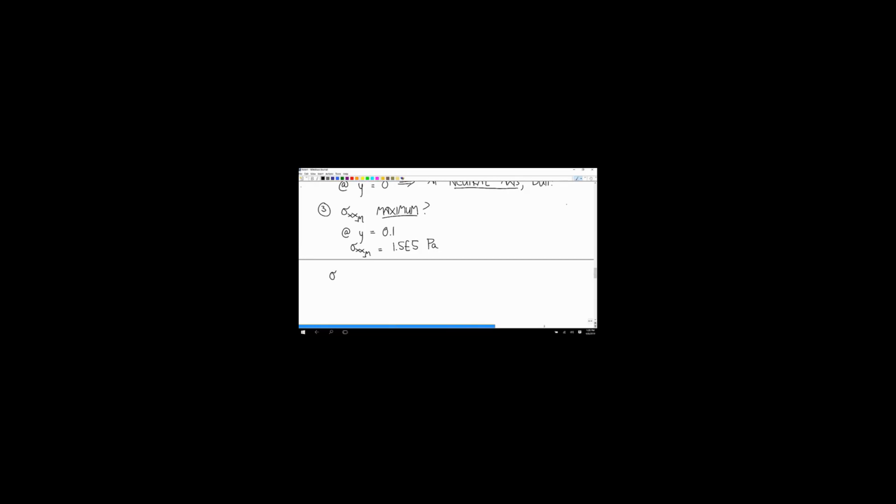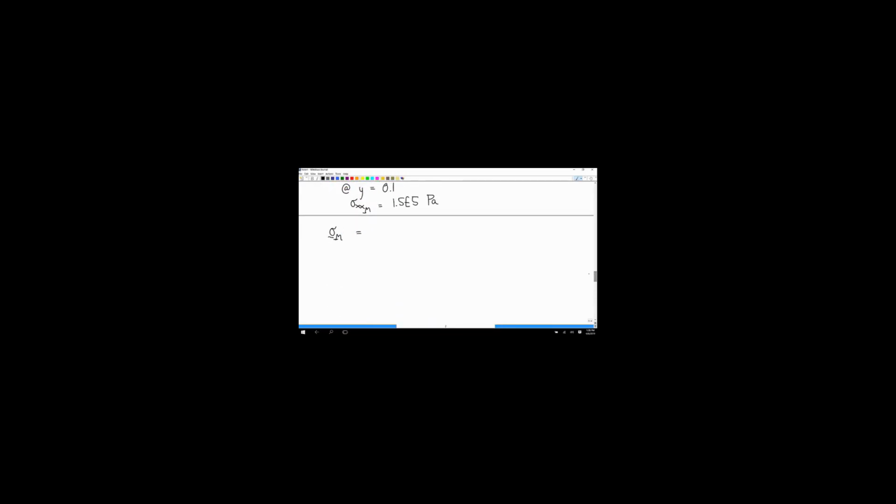Okay, so our stress tensor due to bending moment is, I'm just going to go back to this formula, 1.5 times 10 to the 6 y, and zeros everywhere else. And now the total stress tensor is whatever that small value we had for tension plus the one for bending moment.